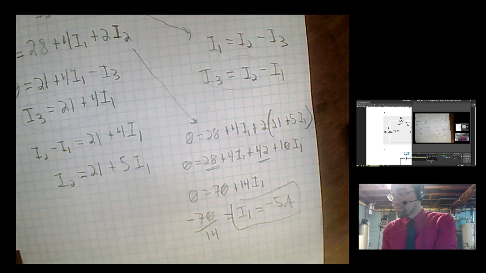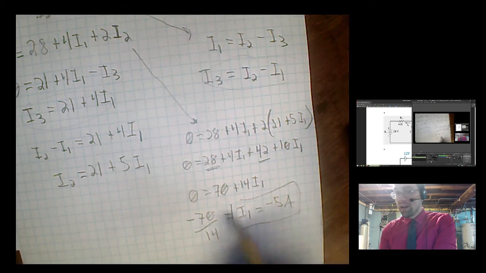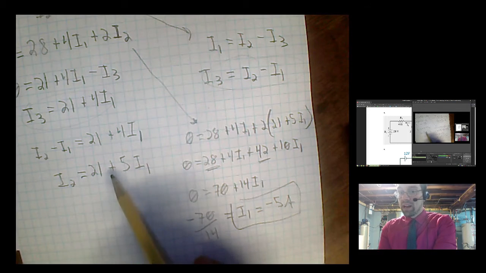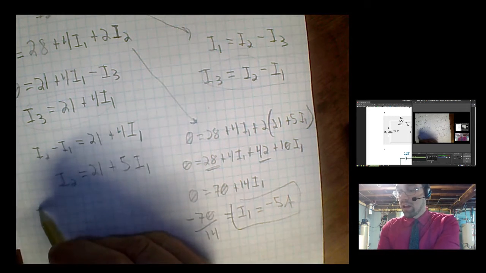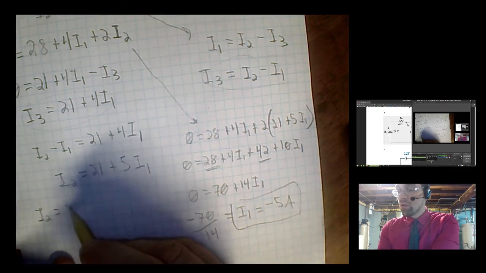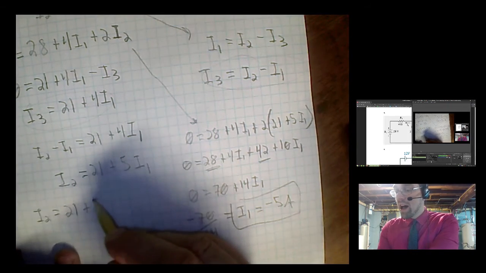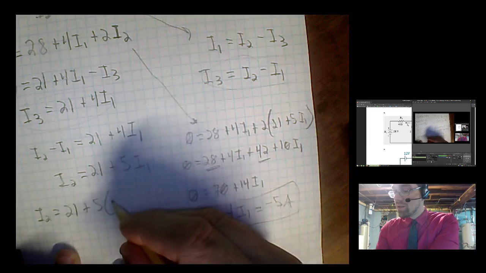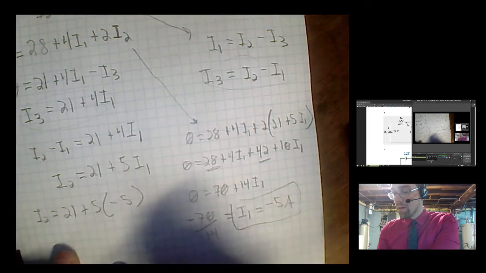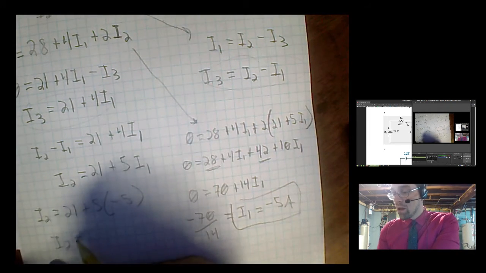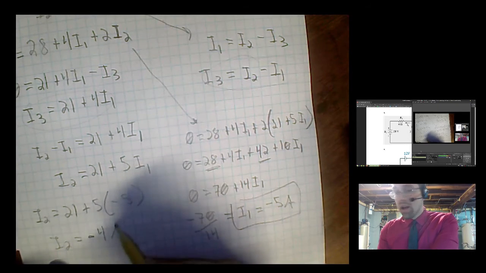All right. So now that I have a number, right, here's an expression. We can plug it in and get I2 real quick. I2 equals 21 plus 5 times I1, which we said was negative 5 amps. So that's negative 25, so that's negative 4 amps.